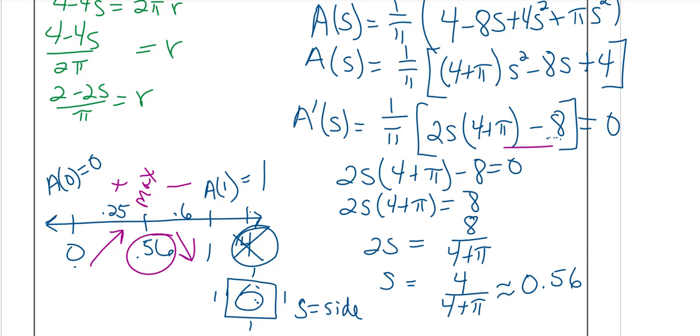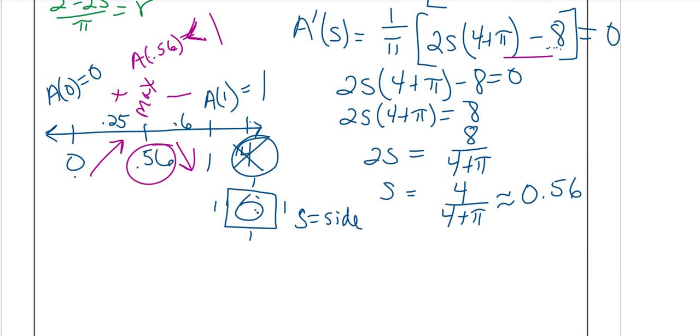And when I do that, I get A of 0.56 is going to be 0. Well, no, that's the derivative. So it actually comes out to be a number that's negative. So here is where my maximum is, at the end point.